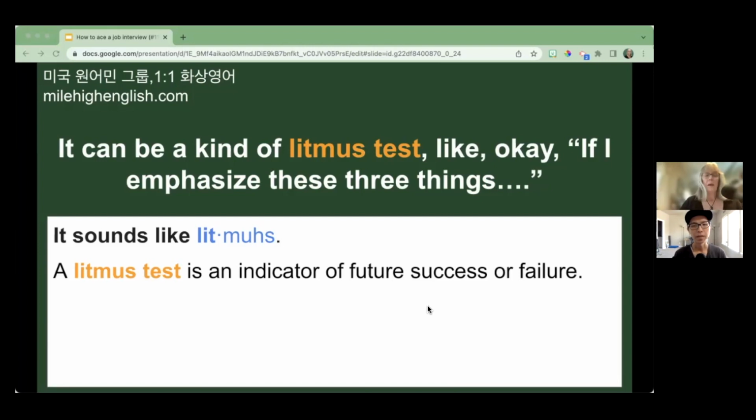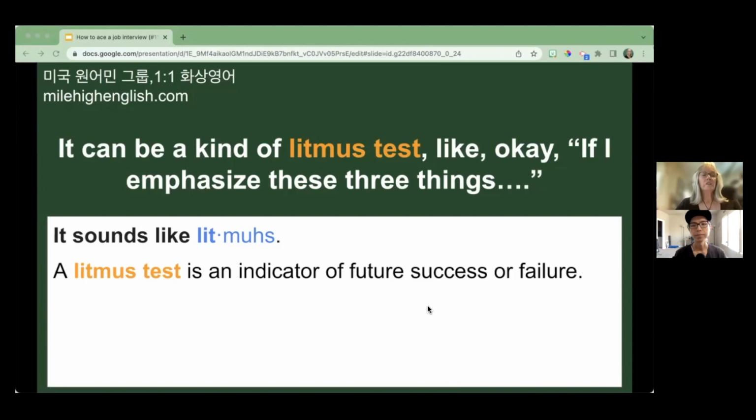Okay. Can I ask a question? Yes, you can. Do you think it's okay to just use test instead of litmus test in this sentence? Yes, it would be okay. But I think it's a more sophisticated use of English if you say litmus test, because that wouldn't be as common an expression for even some native speakers.